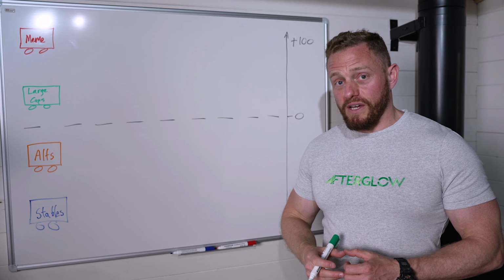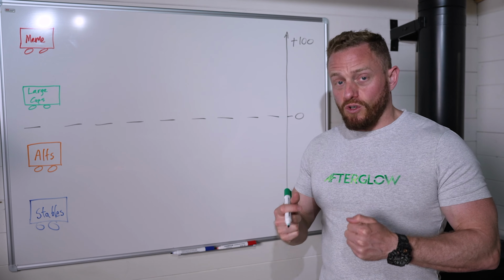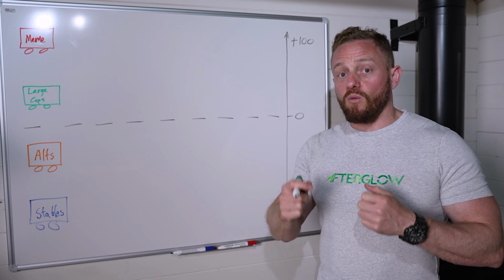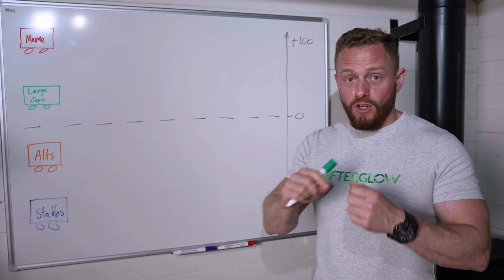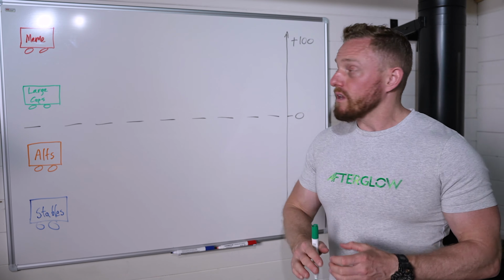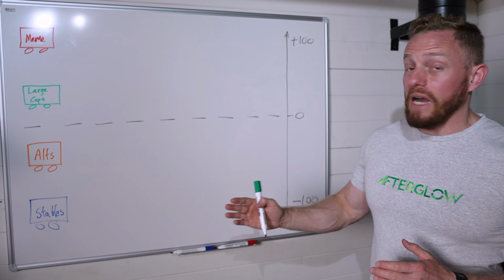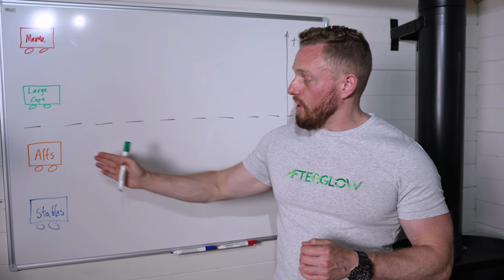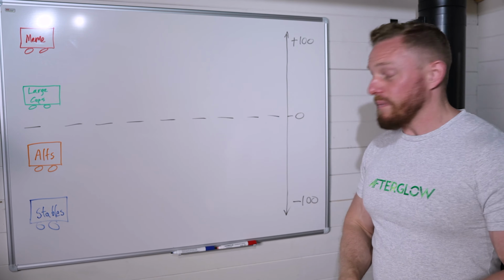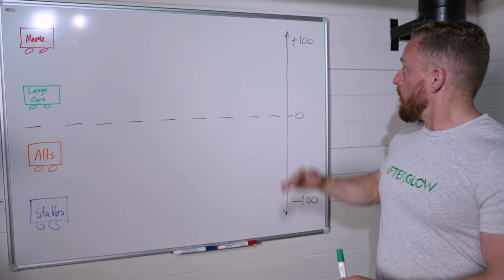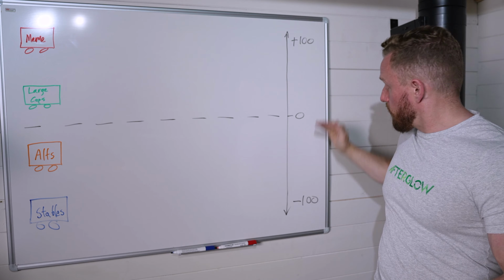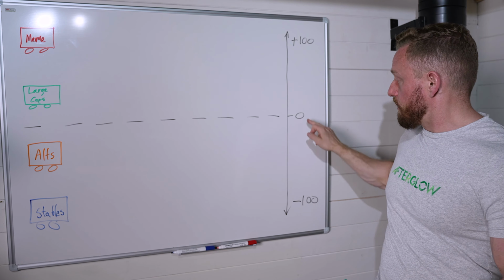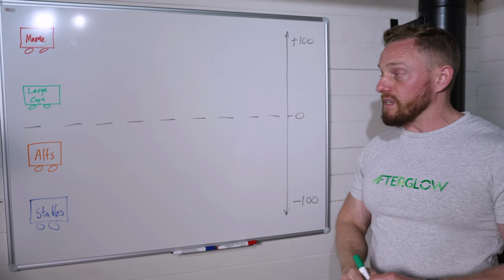Now we can apply that rate of change concept to understand what the flow line is showing us on the tool. So here we have our 4 assets: meme coins, large caps, alts, and stable coins. And I've plotted them on a +100 to -100 scale with the 0 line in the middle.